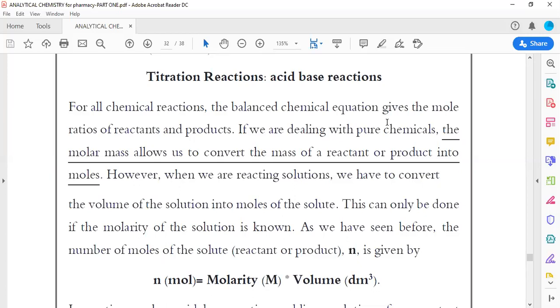For example, when you write any equation like, just 1 minute, let's go to the board.